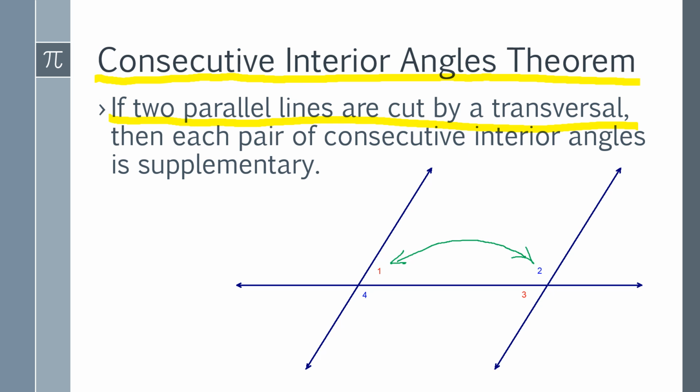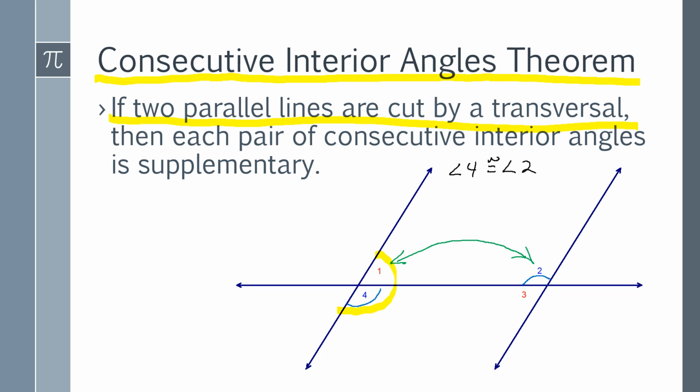So how do we prove this? Well, we know from what we just discussed that angle 4 is congruent to angle 2, right? So angle 4 is congruent to angle 2. I can see that we have a linear pair here with these two angles right here.